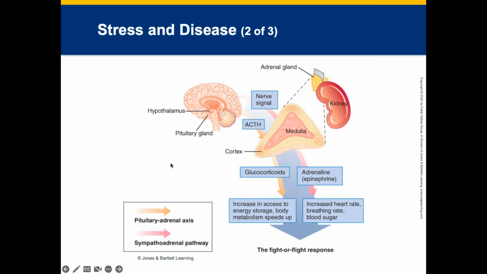The fight or flight response, what you're seeing here, is the sympathetic nervous system reaction, right? Increase to energy storage, body metabolism speeds up. You have an increased heart rate, breathing rate, blood sugar. All this stuff starts to increase in response to the sympathetic response of the nervous system.